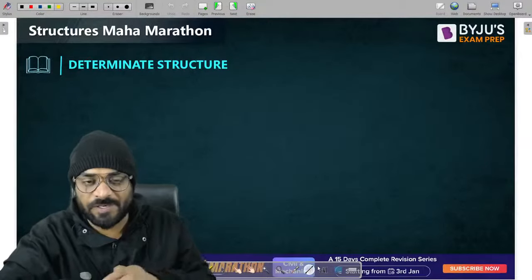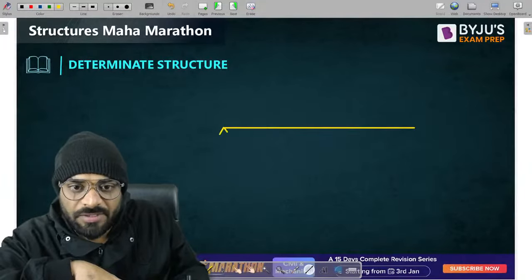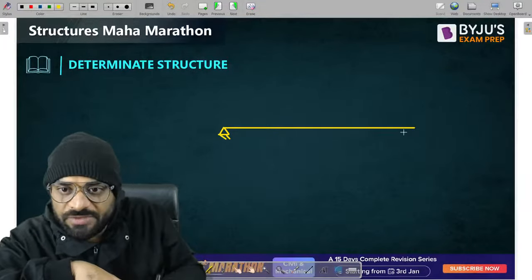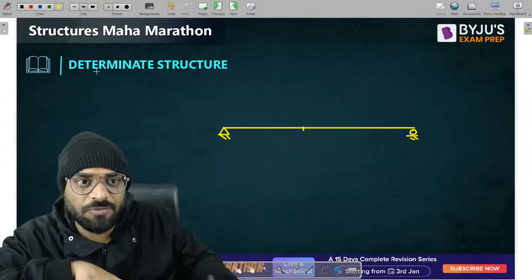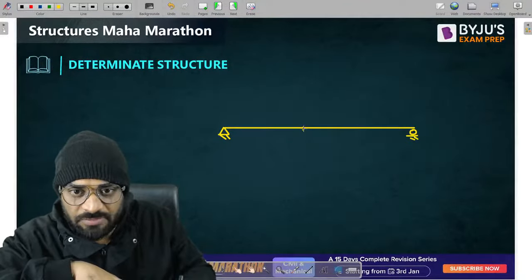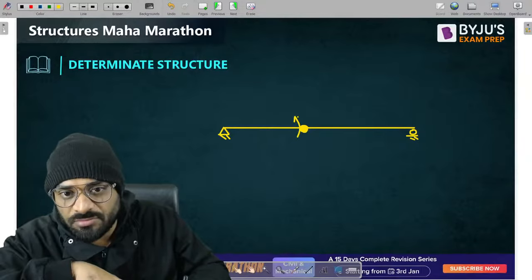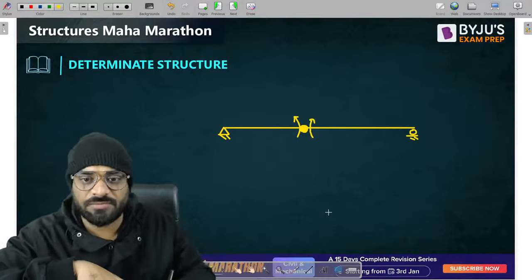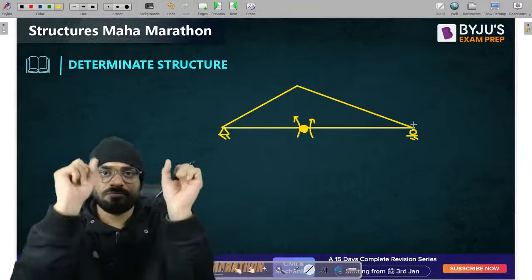Okay, very nice. Now guys, if I want to draw the ILD for bending moment at C, so you have to put a hinge. That means I need to release the reaction of bending moment and give unit rotation like this. So our deflected shape of the structure will be like this, right?